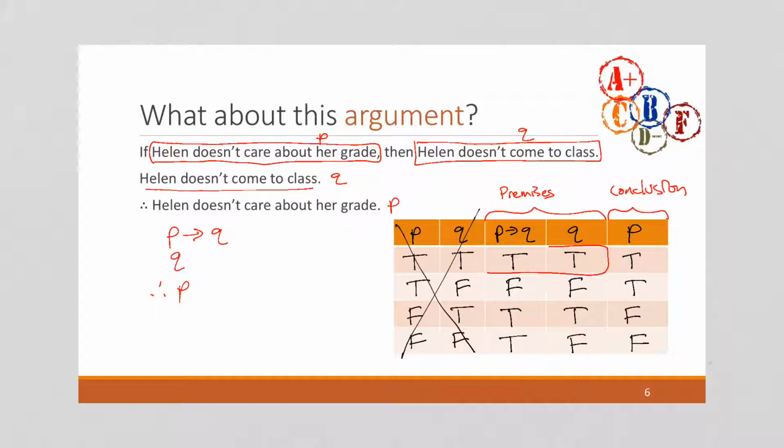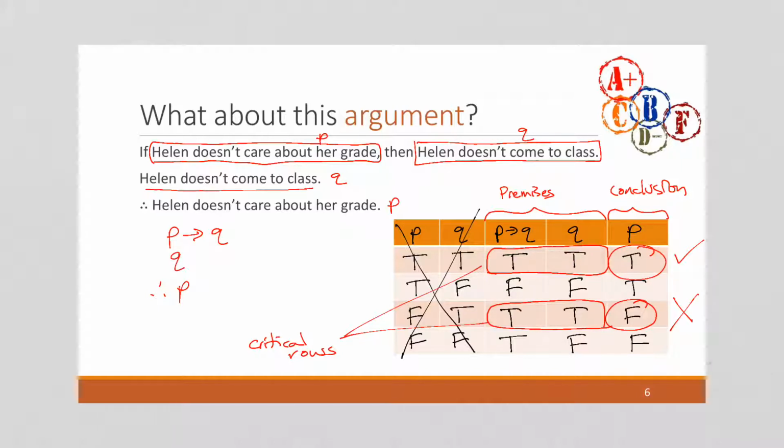Here's a critical row. And here's a critical row. Make a note of that. But if we look at the conclusions, this one works. This one does not. Okay, so it turns out this is an invalid argument.